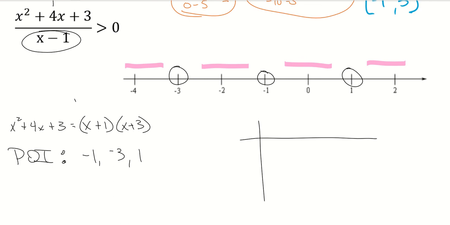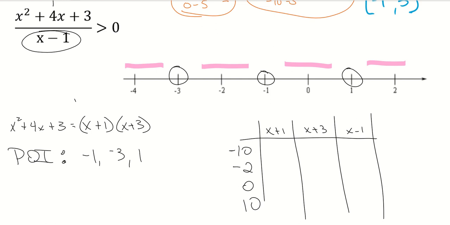I'm going to plug in a negative 10, negative 2, 0, and 10. Chose negative 2 because it's in between the negative 3 and the negative 1. If I plug negative 10 in here, so checking my x plus 1, my x plus 3, and my x minus 1. That's what we're checking each of these.